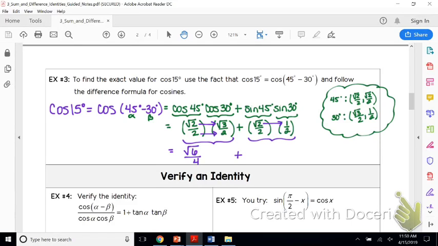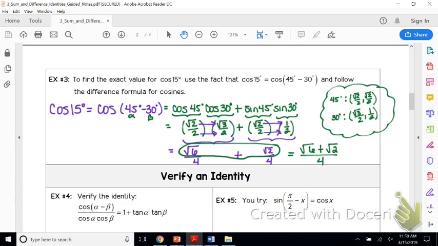Square root of 2 times 1. Square root of 2. Over 2 times 2. 4. And now we're going to put those together, but do they already have a common denominator? Yeah, so we're just going to combine our numerators over our common denominator. So we have the square root of 6 plus the square root of 2 all over 4.